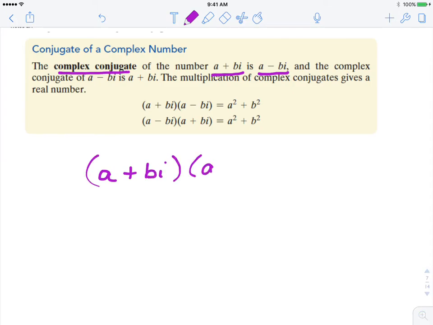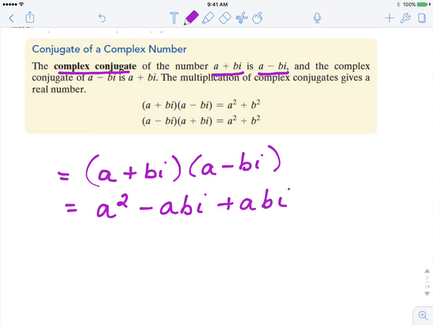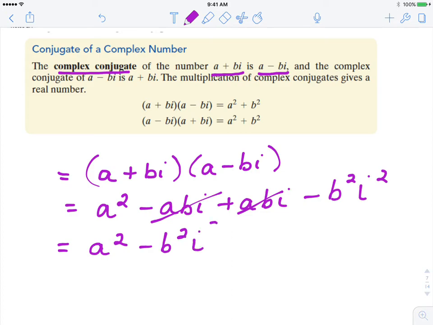So here are complex conjugates. We FOIL. We get first, outside, inside, last. The middles cancel. Then you replace that i squared in the second term with a -1.